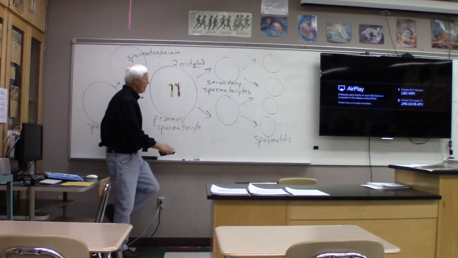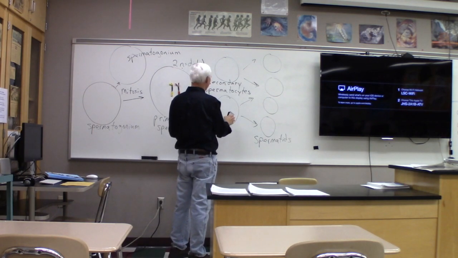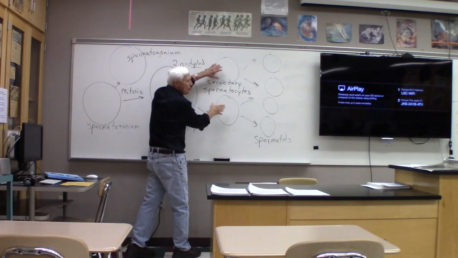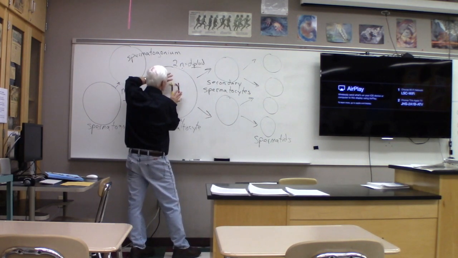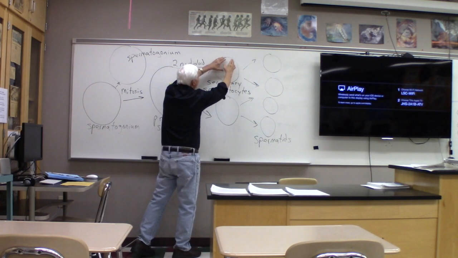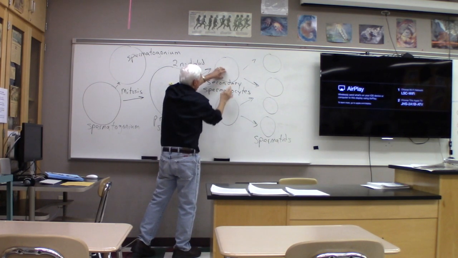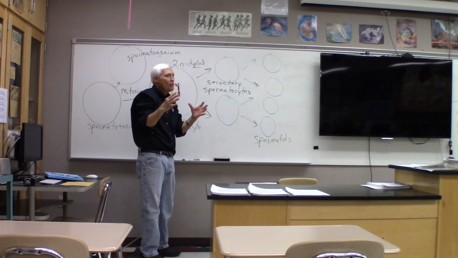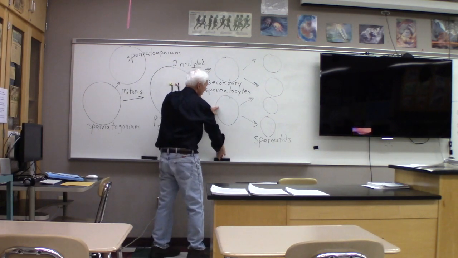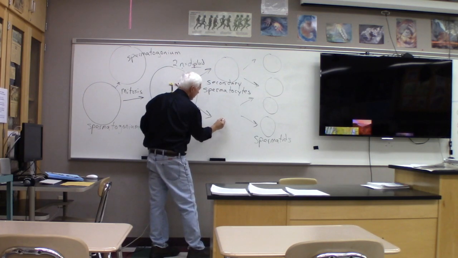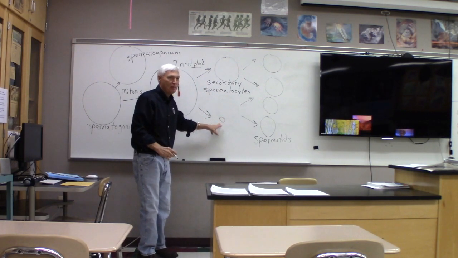Now we'll do this. I'm going to change this diagram just a little bit. When this primary cell splits in two, don't draw anything yet. When the primary cell splits into two secondary cells, one of these two daughter cells gets all the cytoplasm, all the nutrients, all the goodies. The other one here ends up just being pretty much a naked nucleus with no cytoplasm around it.